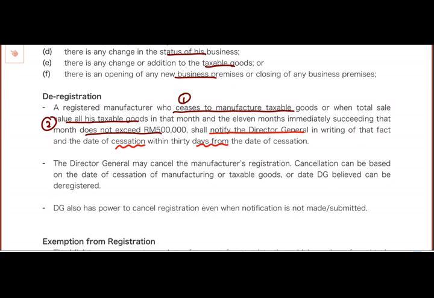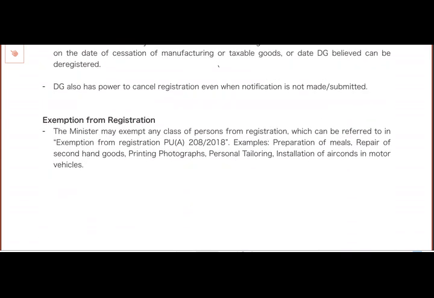That's why I put here the DG may cancel the registration, may. Depending on all this evidence, then he cancels. And when he does the cancellation, he will tell you when the cancellation will be effective, either the date of the cessation or the date that the DG believes you should be deregistered. He will provide you the date. Alright, so the control is from them and not from us. Now that is deregistration. Okay, coming down.